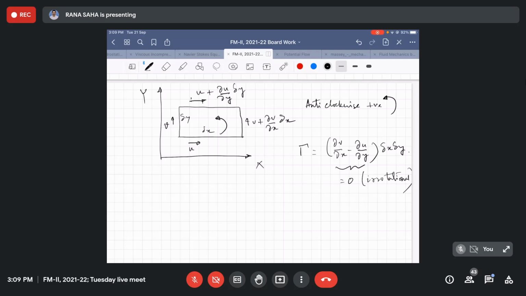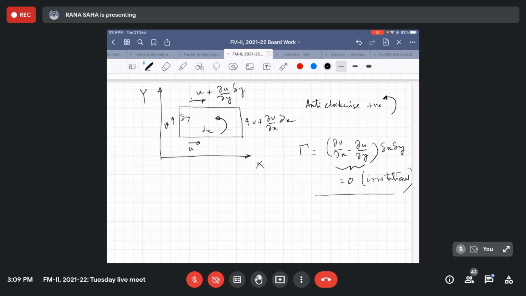All right, and that is one conclusion or one type of consequence of this rotational flow. The other is we move forward to define the vorticity term, that is in terms of the circulation per unit area, we can say.